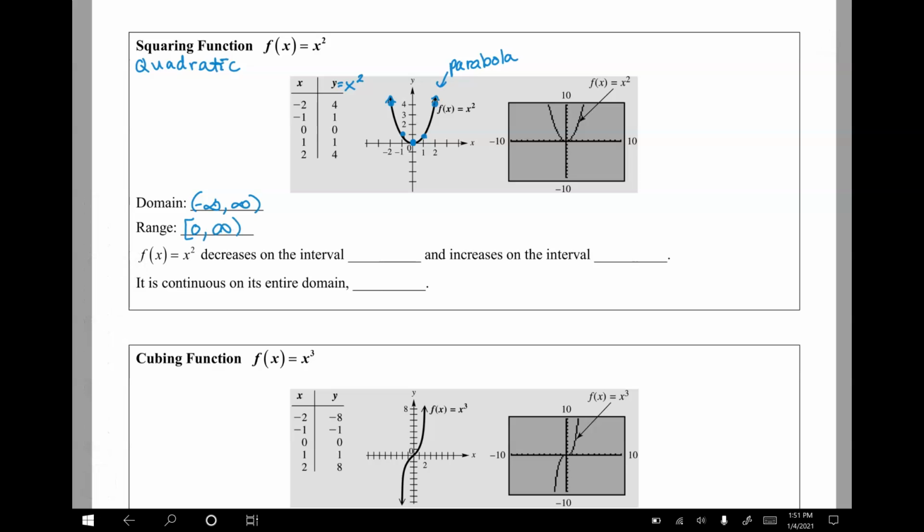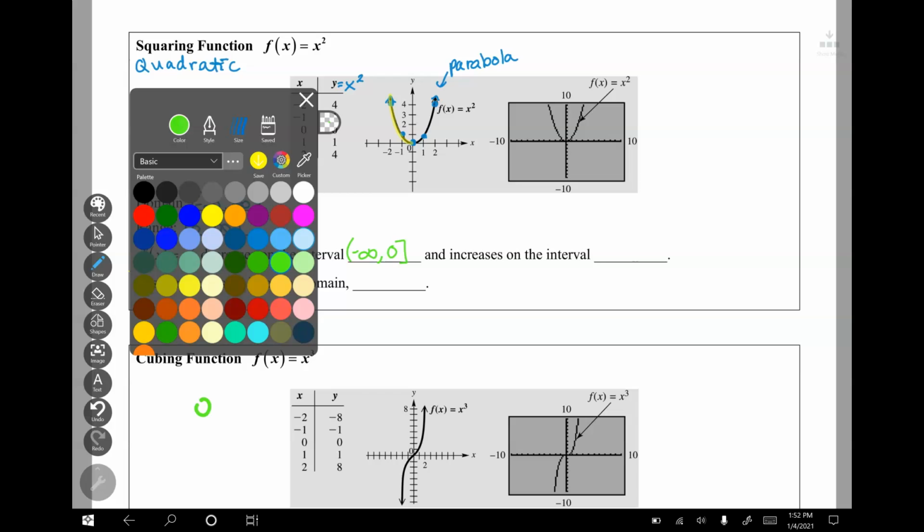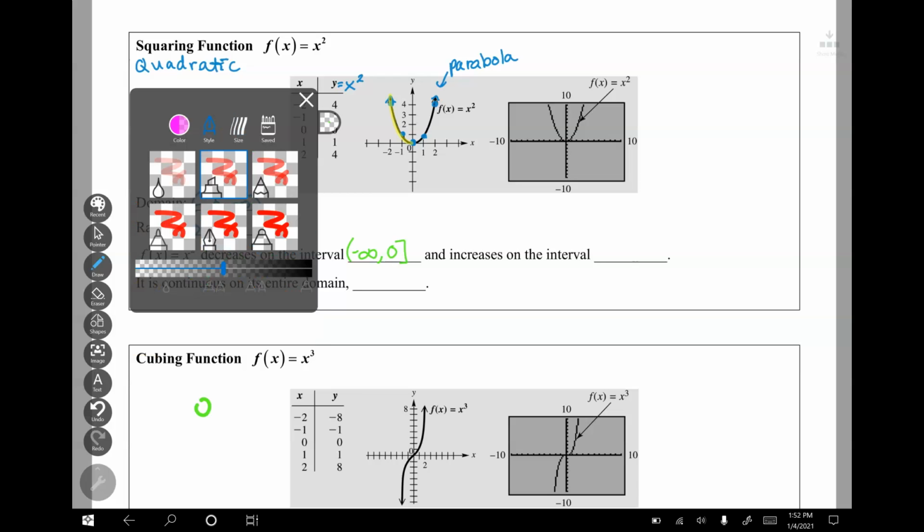f of x equals x squared decreases on the interval where the slope is negative. I see the slope is negative here from negative infinity to 0, getting those x values. And then it increases here to the right. We'll do that in a different color.